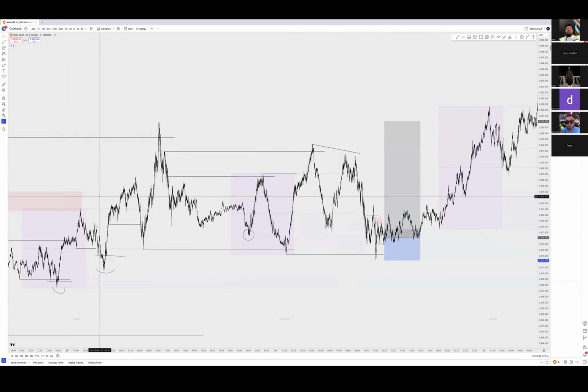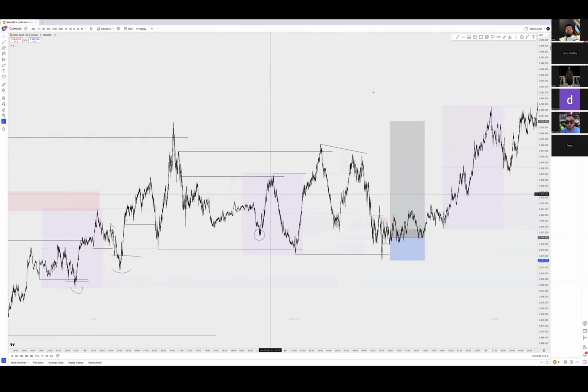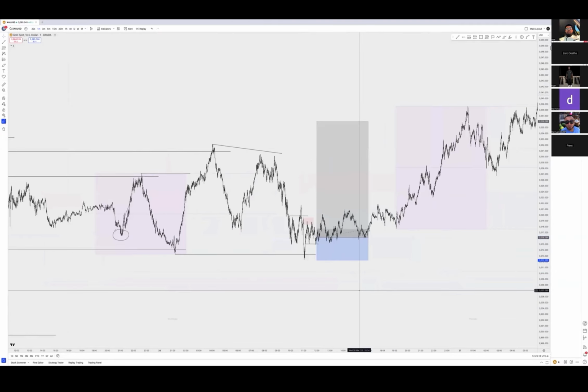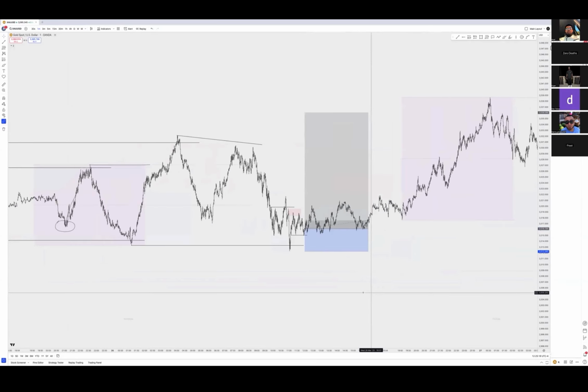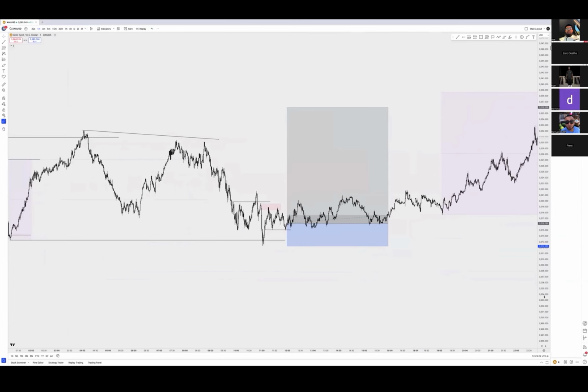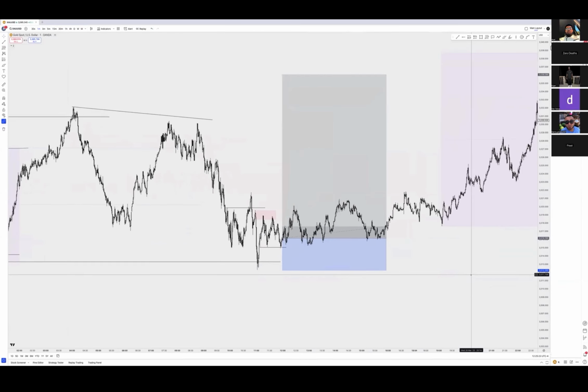Yeah, I mean, look, I'm not taking it exactly from this liquidity block, because I don't know if that liquidity block is gonna hold, if you get what I mean. That's why I'm not taking it from there. I'm waiting for price to basically indicate to me it's ready to go higher.